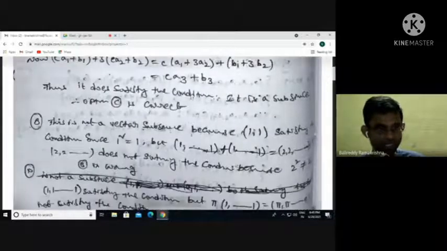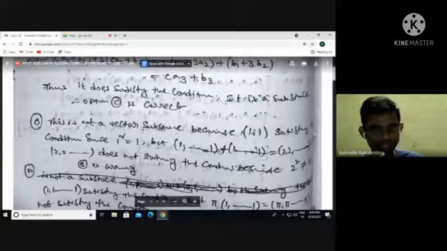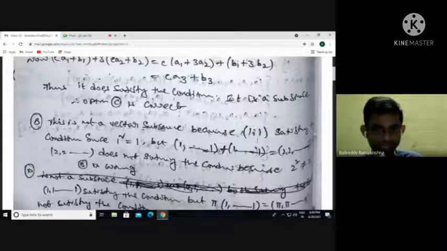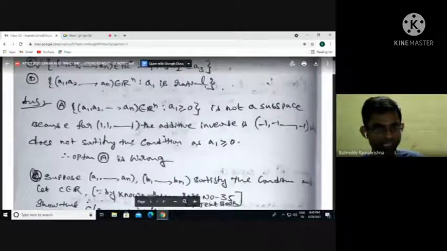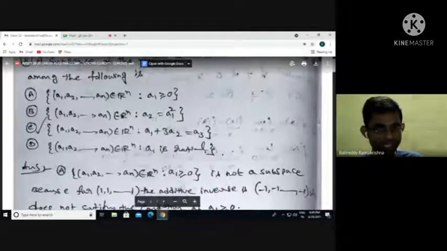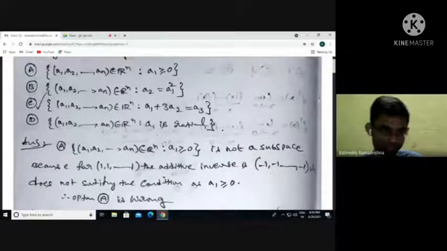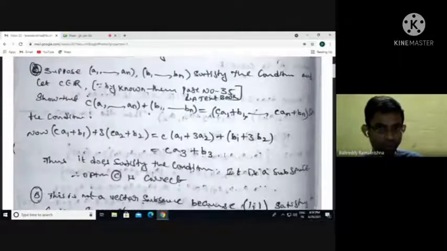So this is not a vector subspace because if we take ordered pair 1 comma 1 satisfying the condition, since 1 square is equal to 1, ordered pair satisfies this condition, 1 square is equal to 1. That means a1 square is equal to a2. This is true for ordered pairs.